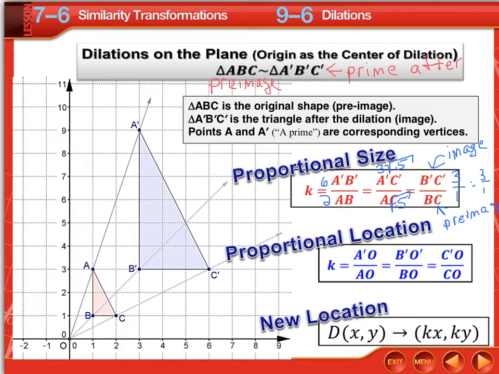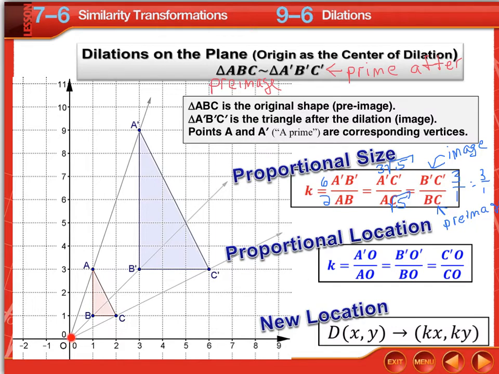Now, a dilation is not just an enlargement or reduction, it's also moving this image to a very specific location, and that is completely determined by where your center of dilation is. So how do we find that new location?